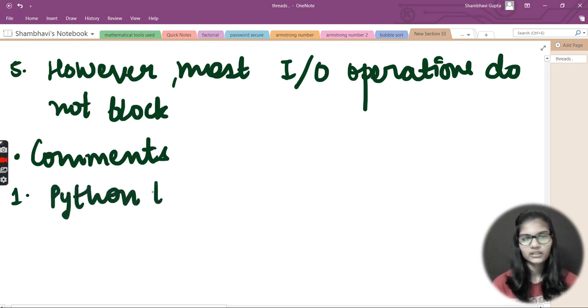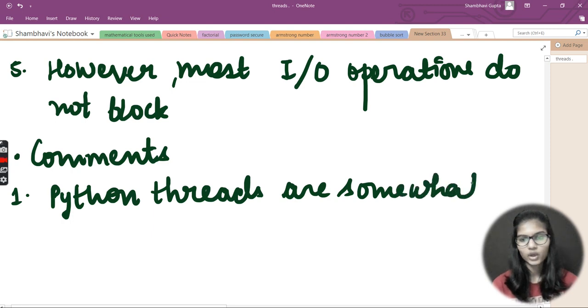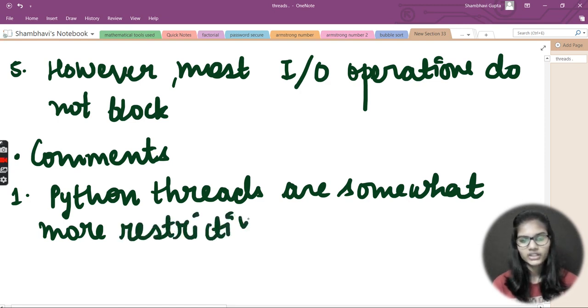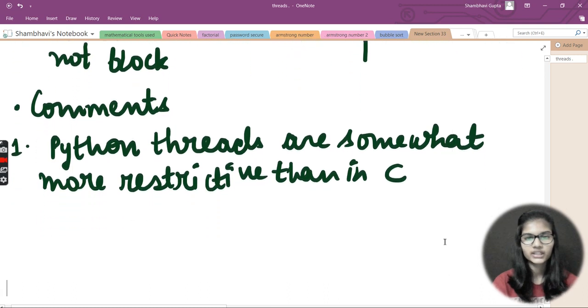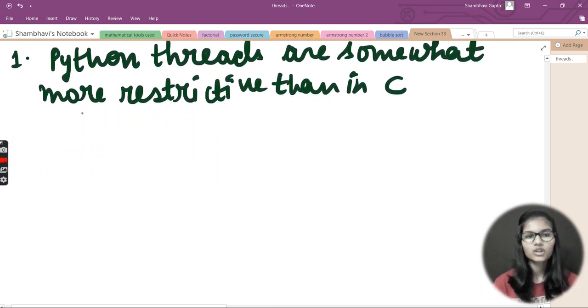Now, Python threads are somewhat more restrictive than in C. Okay, so the very first thing in the comments is that Python threads are somewhat more restrictive than in C, right? In C also you have threads, but in that case it was not more restrictive.